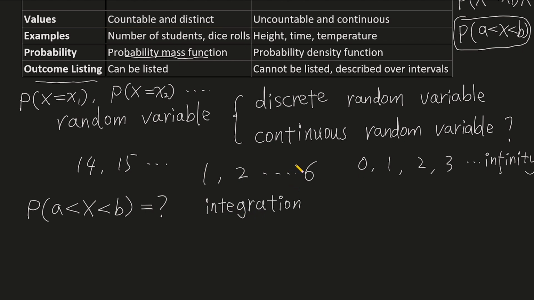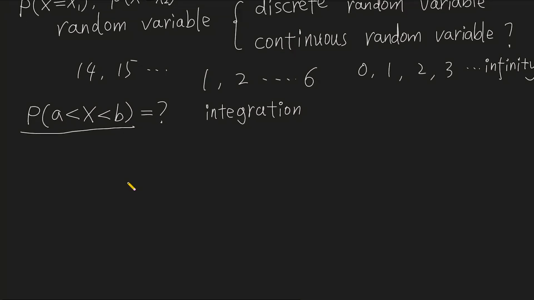We integrate the probability density function to find the probability like this. For example, fx is the probability density function of the continuous random variable x.